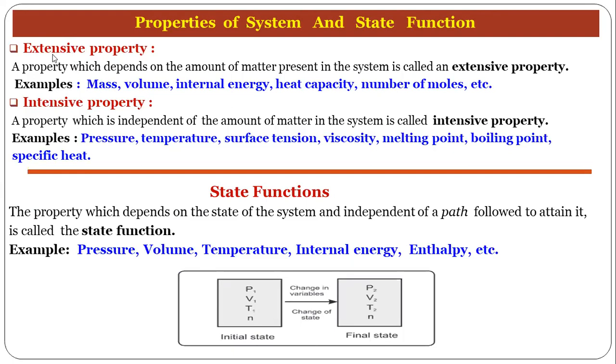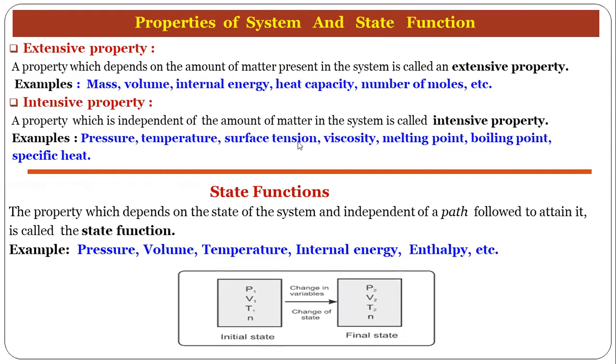Extensive property means this property depends upon the amount of matter. If the amount of matter is changed, these properties will be changed. But intensive property is independent of the amount of matter. Means if the matter is changed, these properties will not change. See, pressure will not change, temperature will not change, melting point, boiling point.